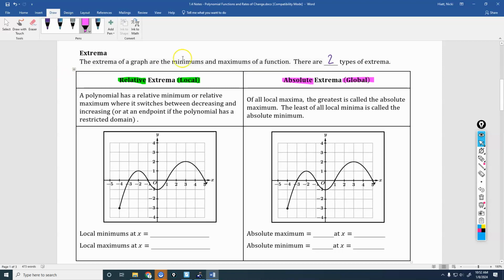So, relative extrema. I also have to note there's a major controversy about this definition right here in the calculus teacher community right now, in the AP community, because it says a polynomial has a relative minimum or relative maximum where it switches between decreasing and increasing, or at an endpoint if the polynomial has a restricted domain.